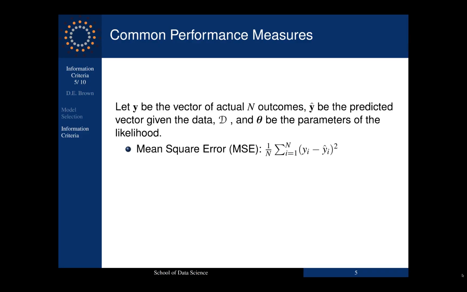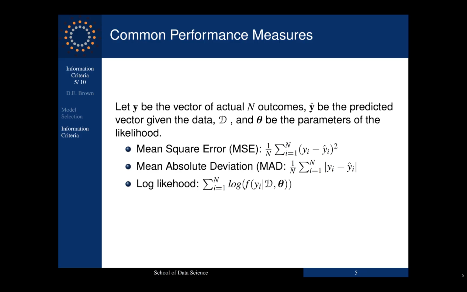Then mean square error, a very common approach, is simply averaging the squared difference between the actual outcomes and the estimated or predicted outcomes. The mean absolute deviation is just the average of the absolute values of the difference between the actual and the predicted. The log likelihood just takes the log of the likelihood function of the response, the y's, given the data and the parameter values.